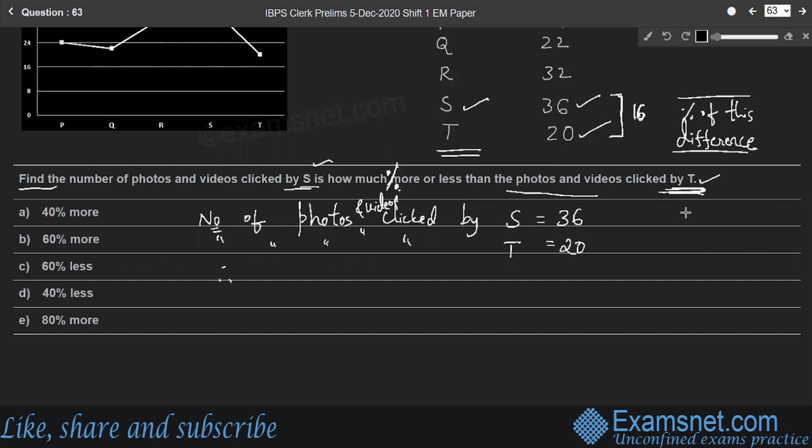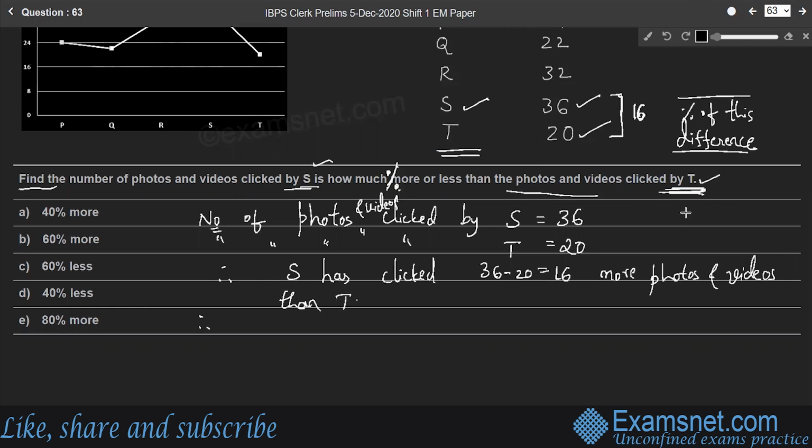Therefore, S has clicked 36 minus 20, that is 16 more photos and videos than T, right?